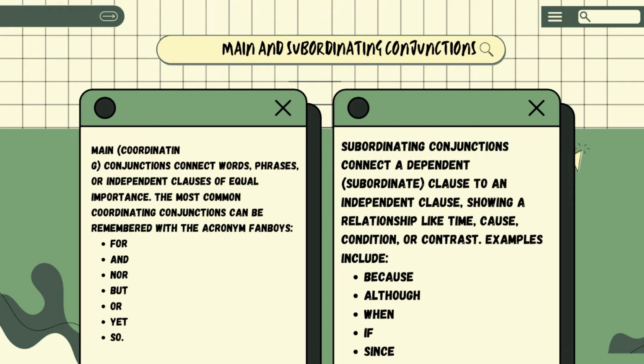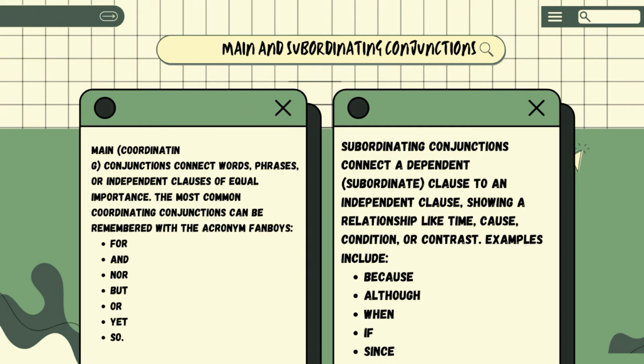Subordinating conjunctions connect a dependent or subordinate clause to a main clause, showing a relationship like time, cause, conditions, or contrast. For example, I give you five subordinating conjunctions. First, we have because.